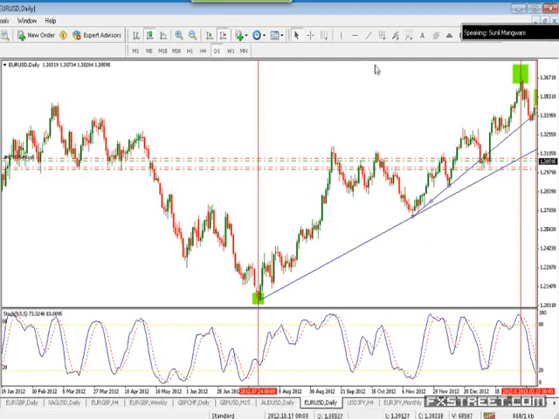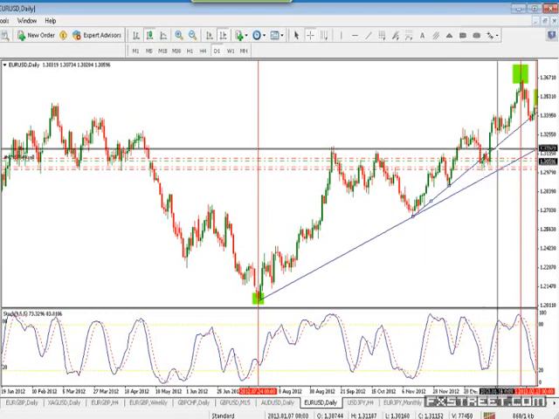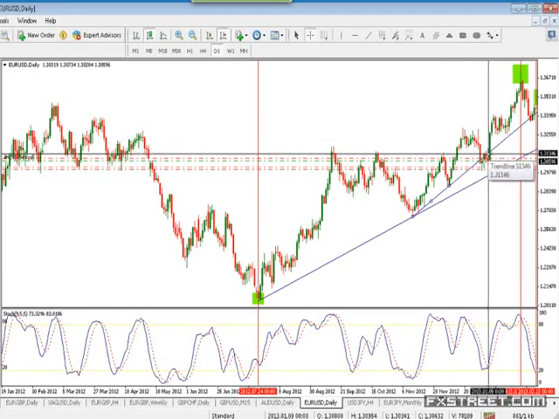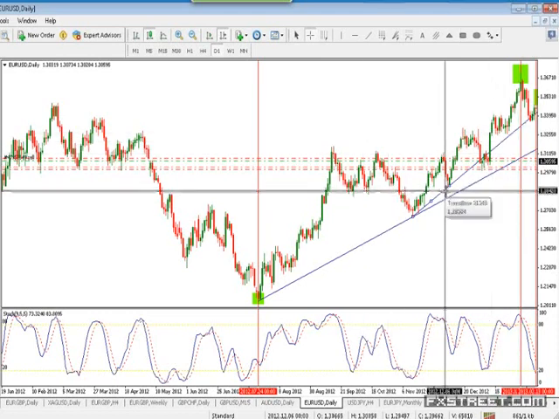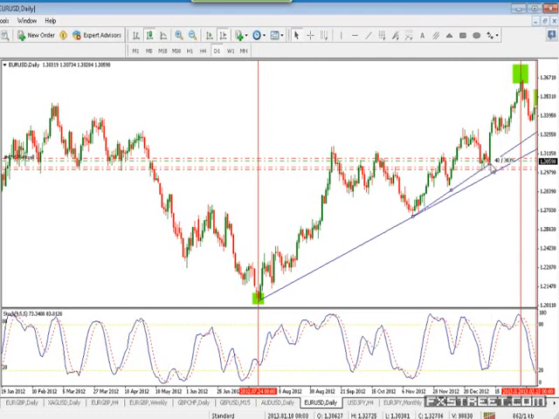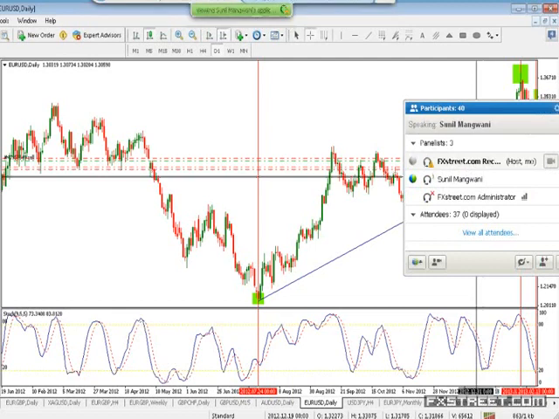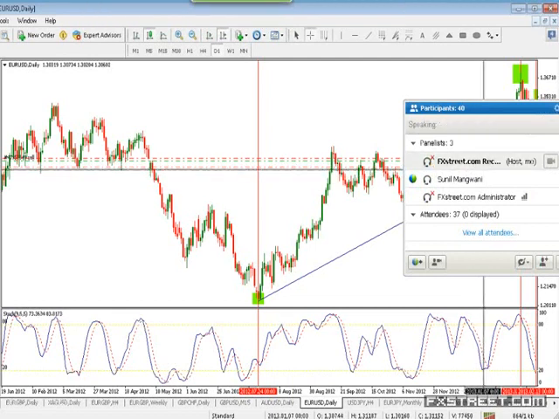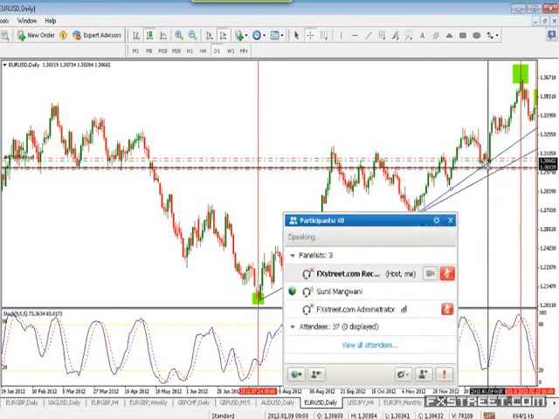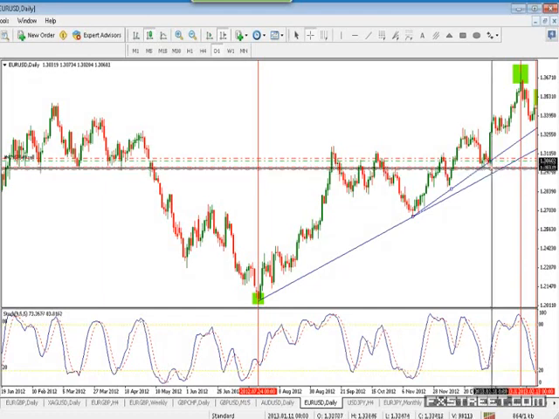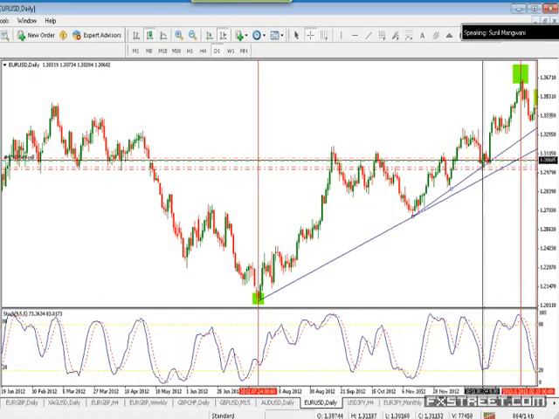Once again, is it valid? No, for the simple reason that price is going through a candle in between the pivot highs and pivot lows. So I'll use this one. This is valid because price, as I said, is allowed to go through a wick of a candle, but it is not going through the real body of a candle.